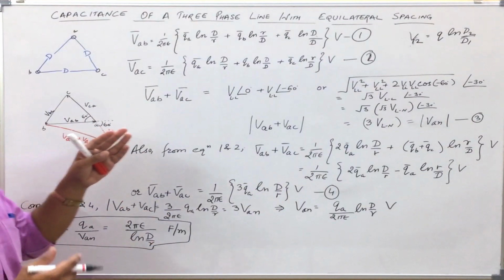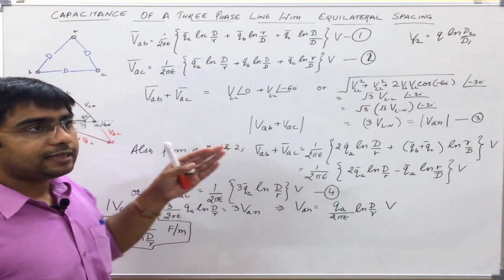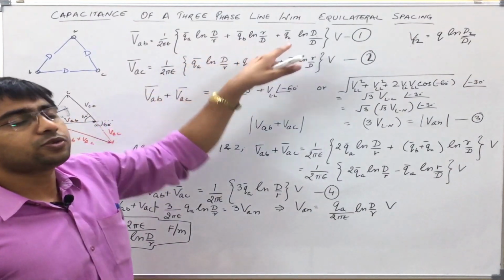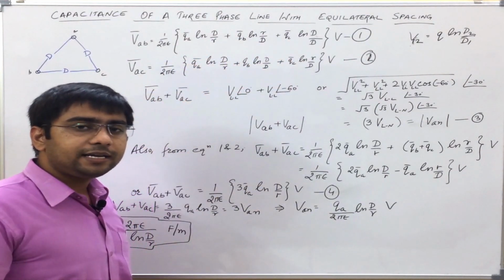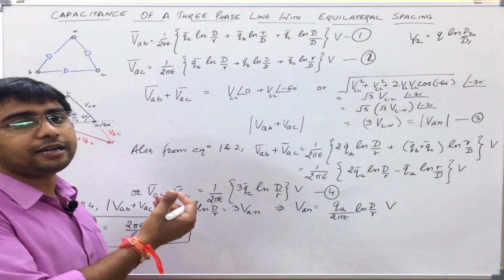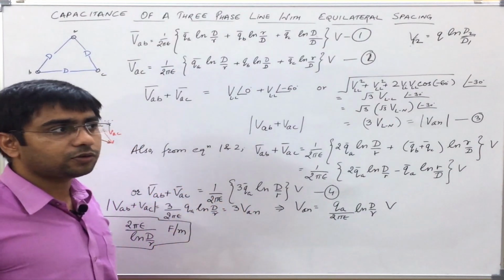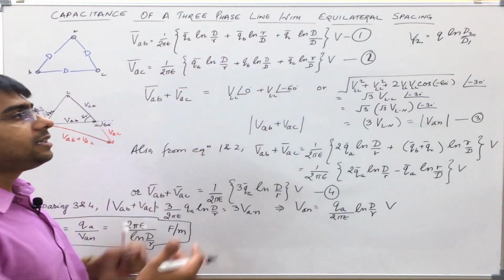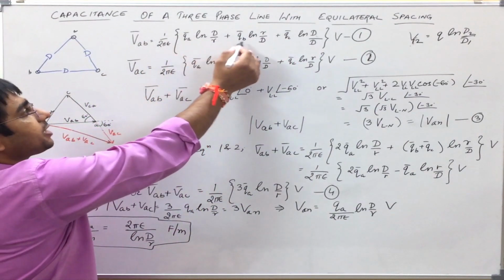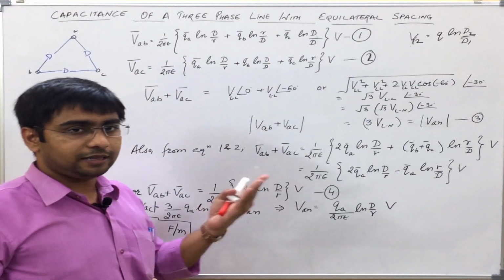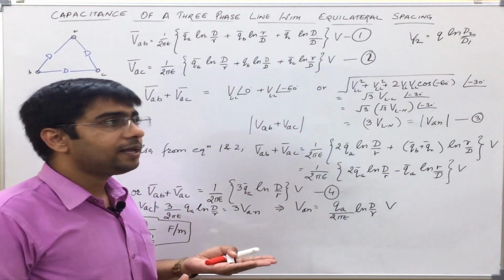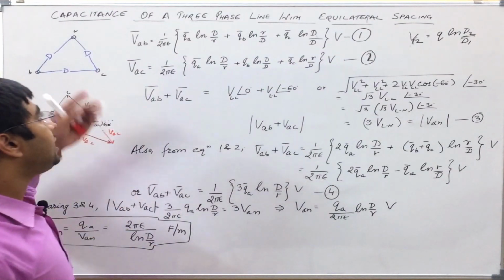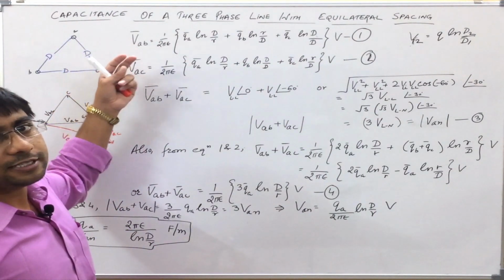Now first we will see that these charges QA, QB, QC will vary sinusoidally since we are taking an AC voltage source. So these charges will also vary sinusoidally, that is, these are also phasors. If we represent these in the phasor domain, then QA, QB, QC also represent phasors. Similarly, VAB will represent a phasor.